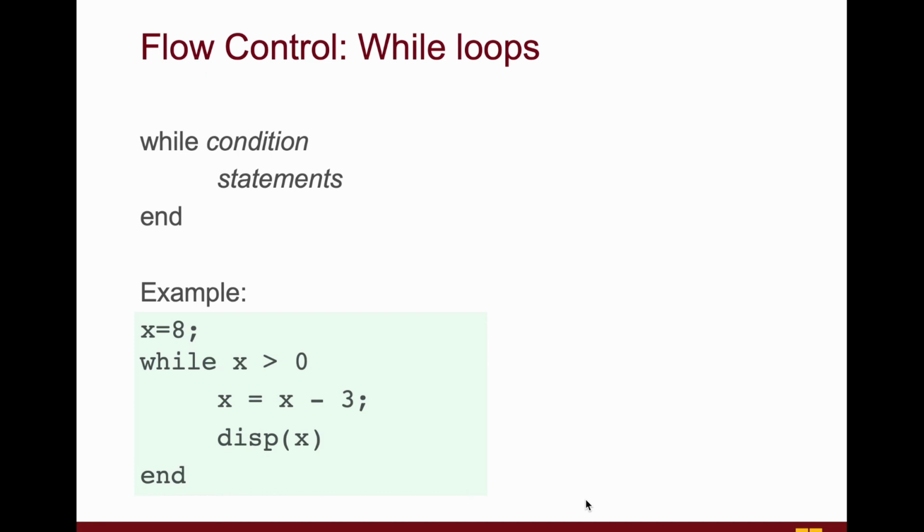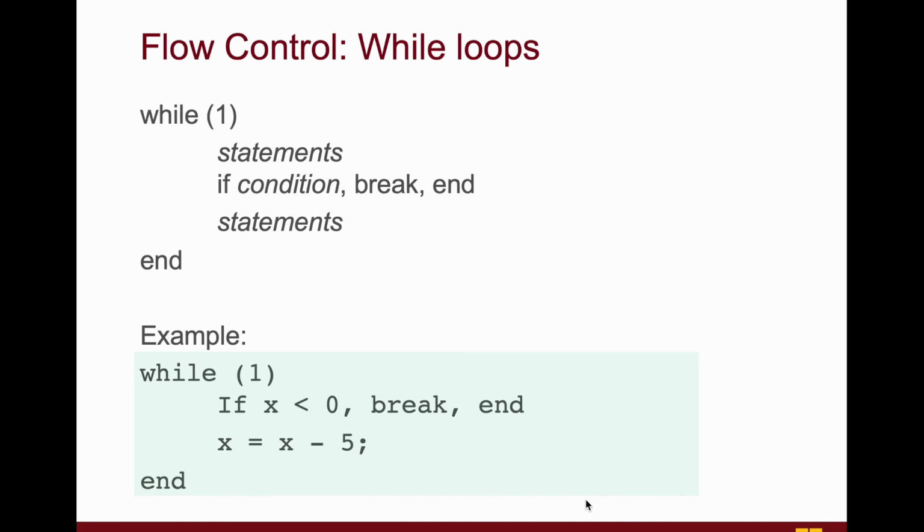An example is like the following: x is given as 8, and while x is larger than 0, we do x equals x minus 3, which deducts 3 from x, and display this x. We can see that once x has been subtracted by 3 times, it will be minus 1. By that time, this while loop will end.